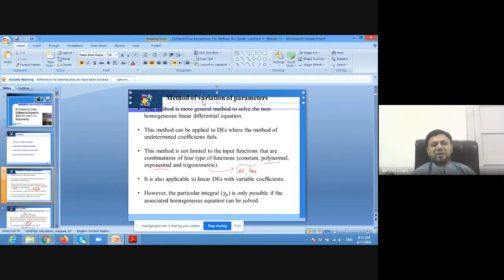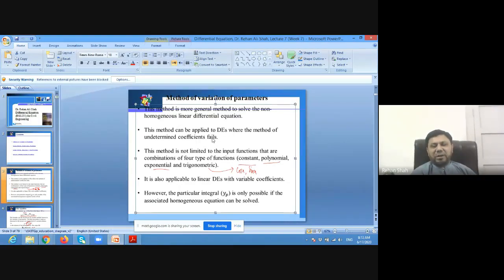This method is for finding the particular solution for a non-homogeneous differential equation. As I told you, this method is a more general method to solve the non-homogeneous linear differential equation. This method can be applied to differential equations where the method of undetermined coefficients fails.